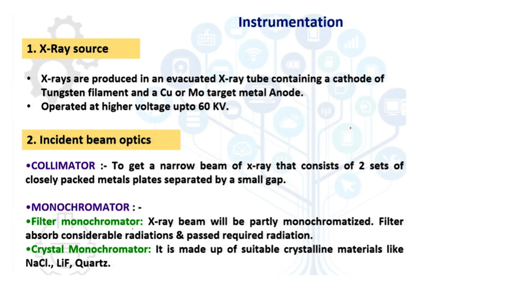Now, what is a filter monochromator? The X-ray beam will be partly monochromatized. The filter absorbs considerable radiation and passes the required radiation. If two different types of X-rays are generated, like K alpha and K beta, you need just one, K alpha. For that you need a monochromator. It is made of a suitable crystalline material like NaCl or lithium fluoride or quartz, just to absorb the second radiation, that is K beta.